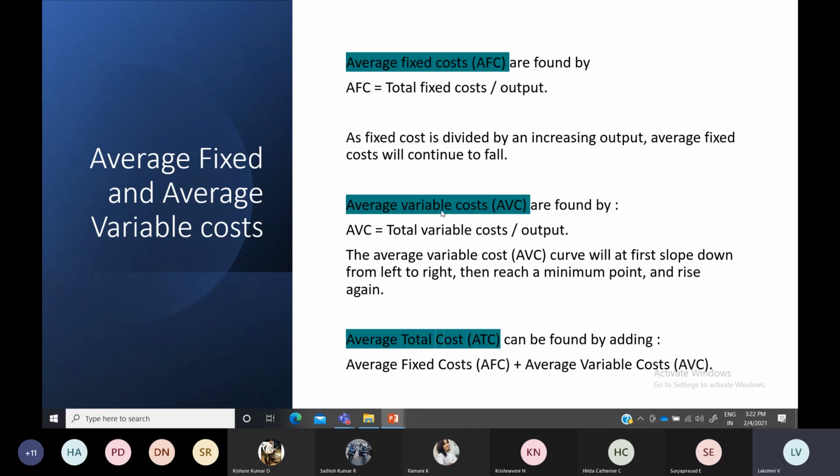And average variable cost, again, is total variable cost divided by output, TVC divided by Q. So how we obtain it: total variable cost divided by output, you will get the average variable cost.